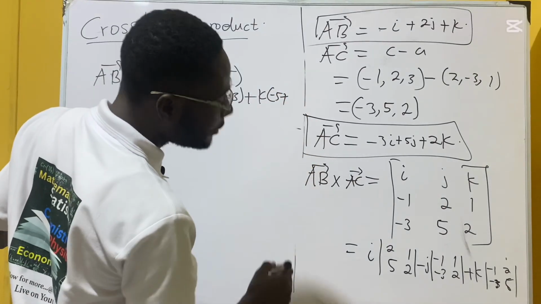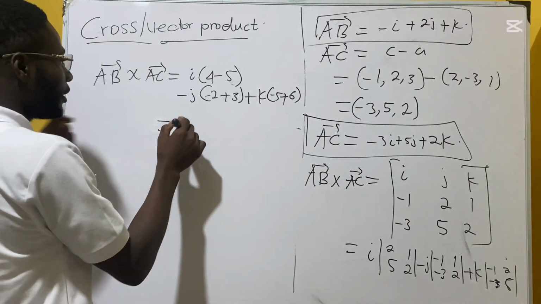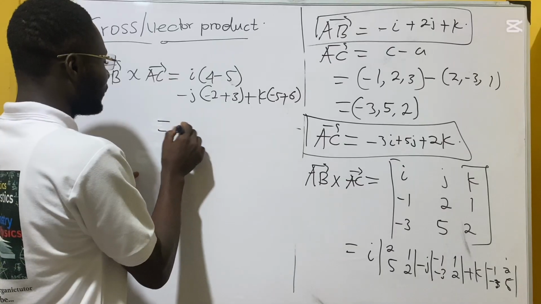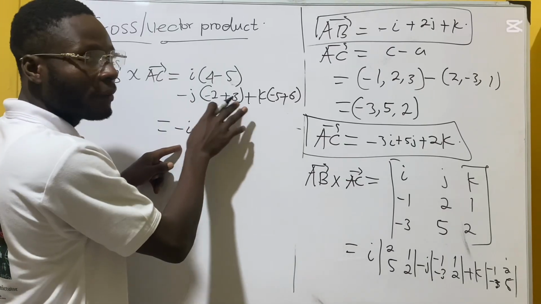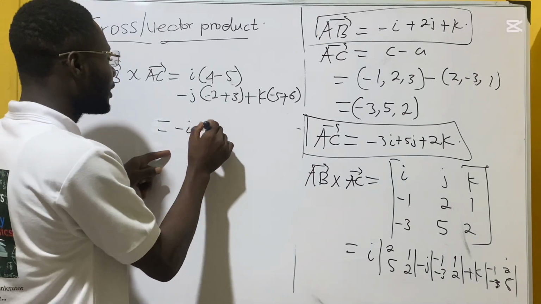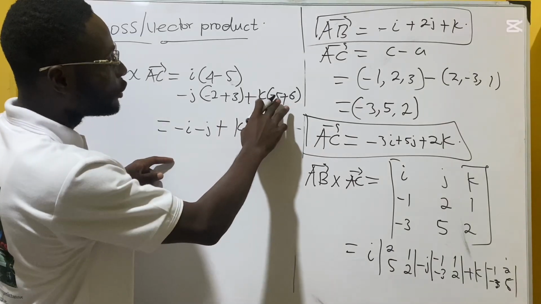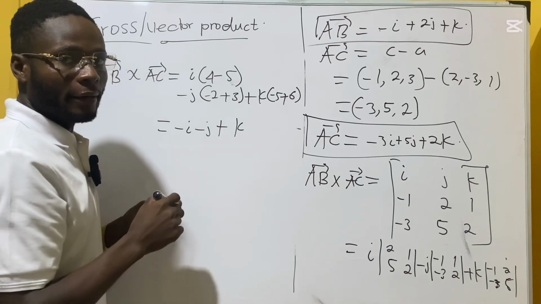So that is going to be 4 minus 5 becomes negative 1. So we have negative i, then negative 2 plus 3 becomes plus 1. So we have negative j plus k into negative 5 plus 6 becomes plus 1, right?